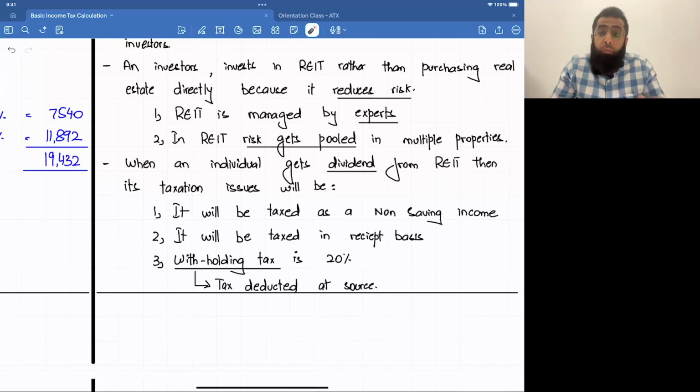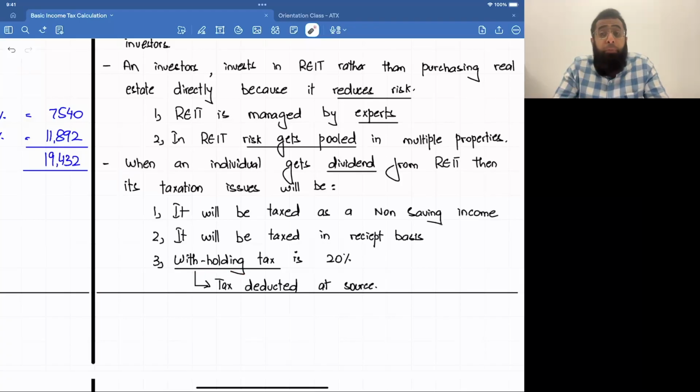You will get it later. Even though you haven't received it, you will be subject to tax. That is accrual basis. But for a real estate investment trust, it's receipt basis: in the tax year in which you actually receive it, when the amount comes into your bank account, only then will it be subject to tax. There will be incomes we will talk about in the future of this course when we talk about accrual basis.